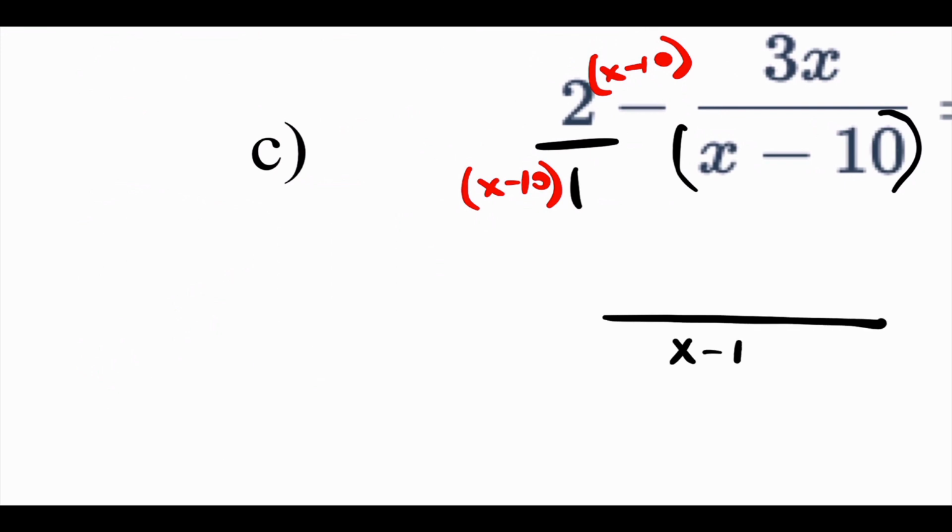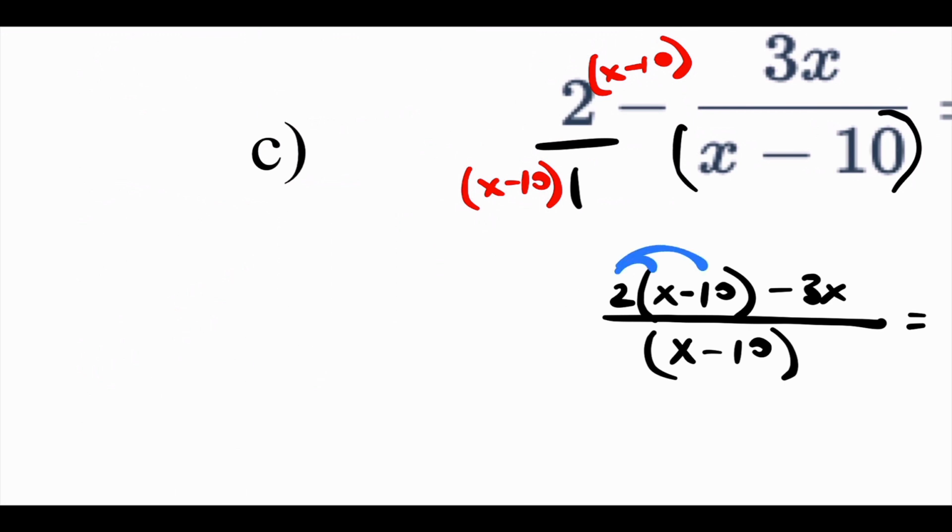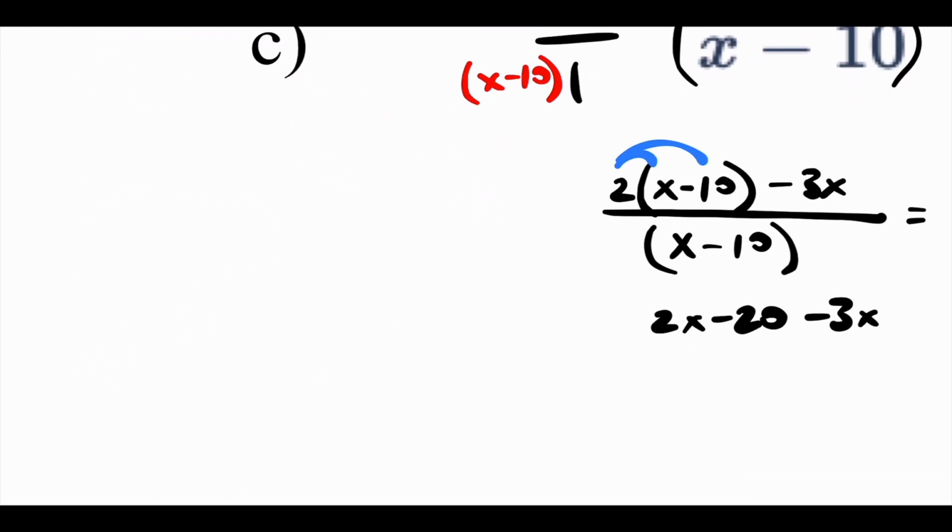So I get x minus 10 as the common denominator, and then I get 2x minus 10 minus 3x. Okay, distribute 2. I get 2x minus 20 minus 3x.